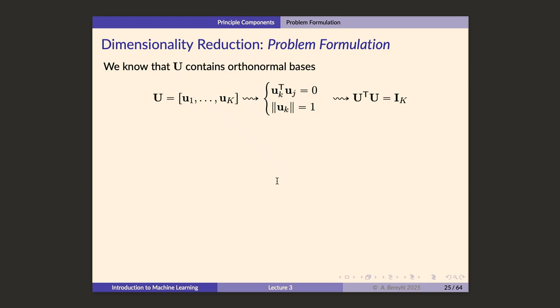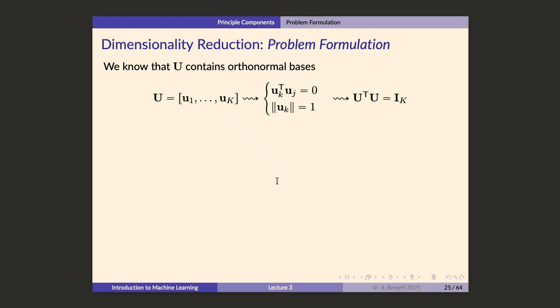What is the dimension of every single vector U? It is in the same space as your data, right? So how many rows does your matrix have?